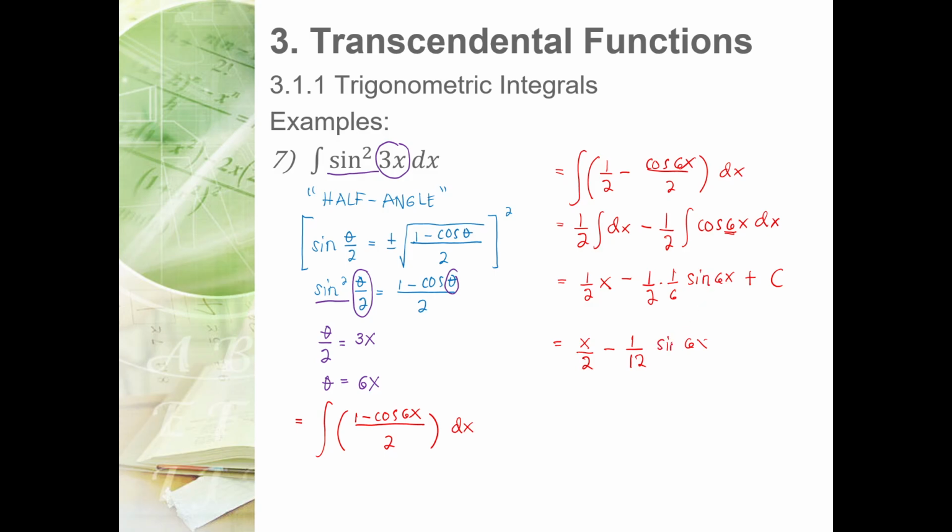So this one is sine 6x plus c. Or if you want to put the sine in the numerator, sine 6x all over 12 plus c. So this one is the final answer, or the one above. That's still the same.